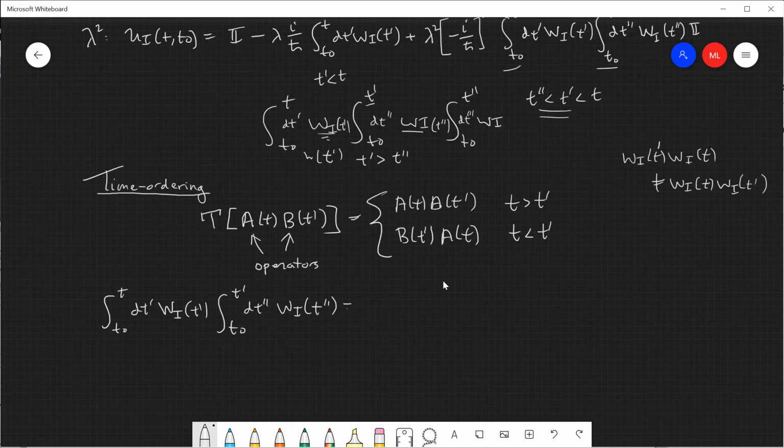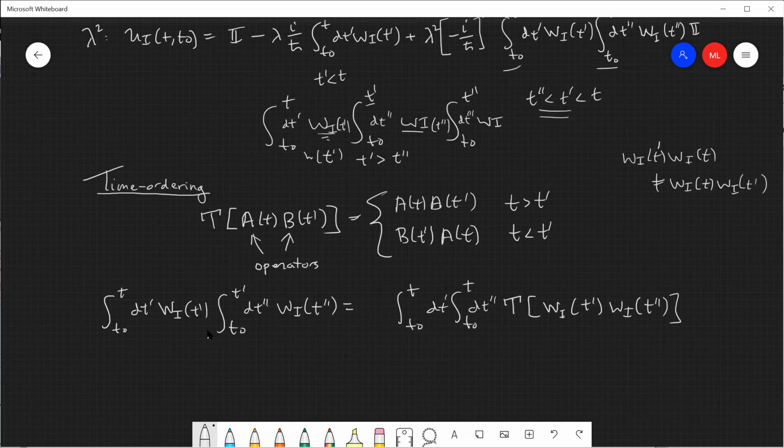We can write it as the integral from t naught up to t for both integrations, at the price of introducing a time ordering such that this W_I, the first one, always comes before the other one.